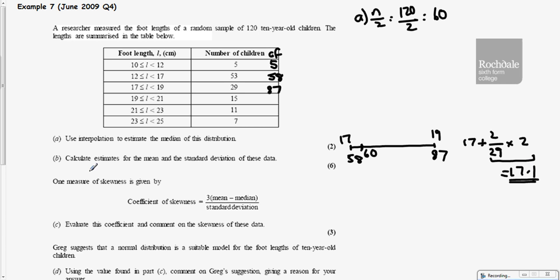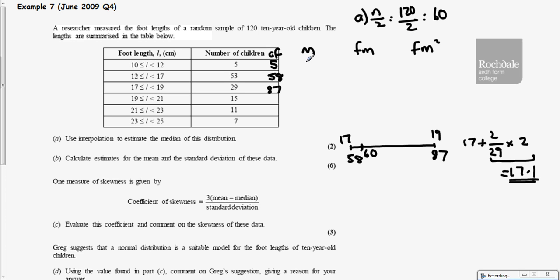The next part of the question asks us to calculate estimates for the mean and standard deviation of the data. Now, you'll need a lot more columns here at the side. We'll need a midpoint column, and we'll need a frequency times the midpoint column, and then an FM squared, remembering to square the midpoint first, then times by the frequency.